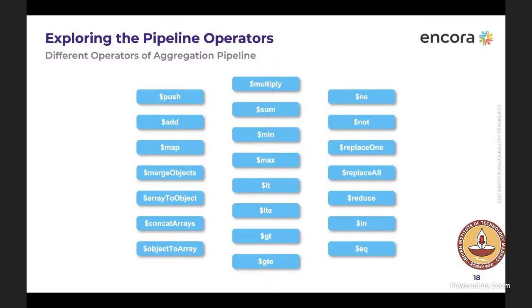There are many other operators which are very helpful to achieve our goal if you want to manipulate a large set of data, or when we are playing around with lots of fields in our document. This is what we get with the different stages and operators, and it makes our job very, very easy to play around with the documents.